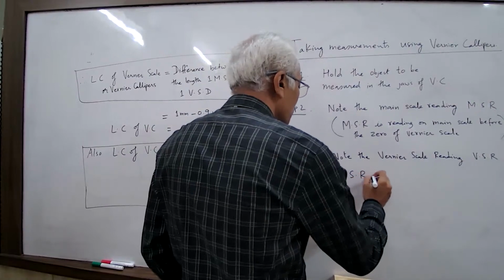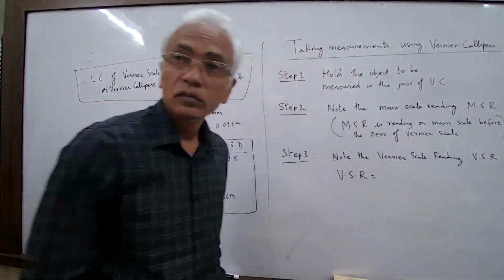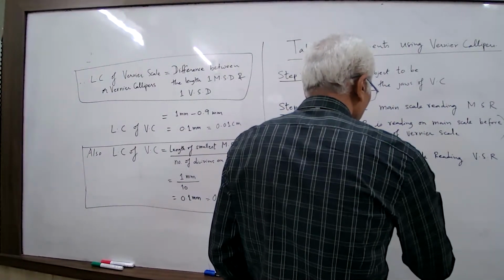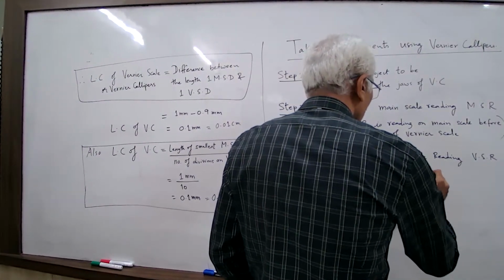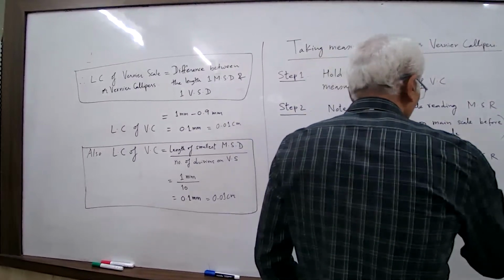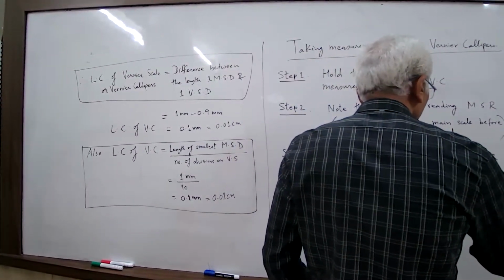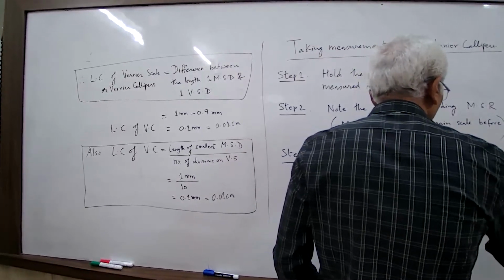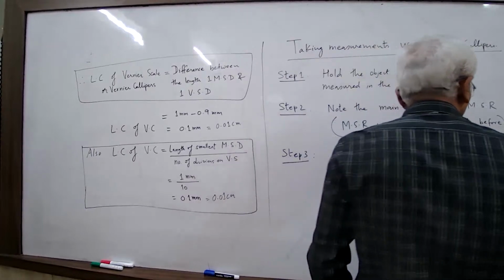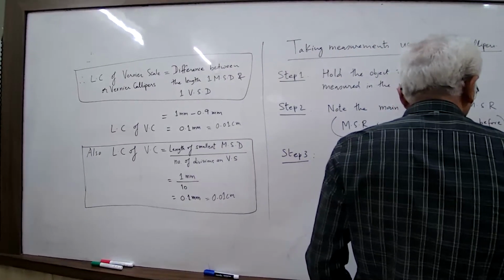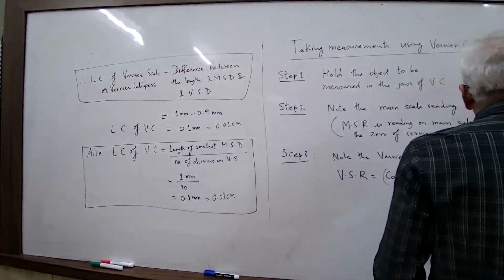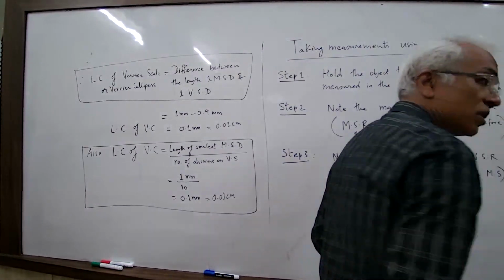VSR is equal to the coinciding division of the vernier scale with the main scale, into least count. This is how you calculate.